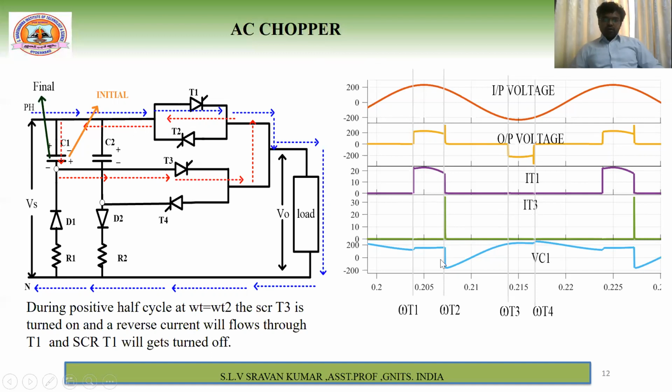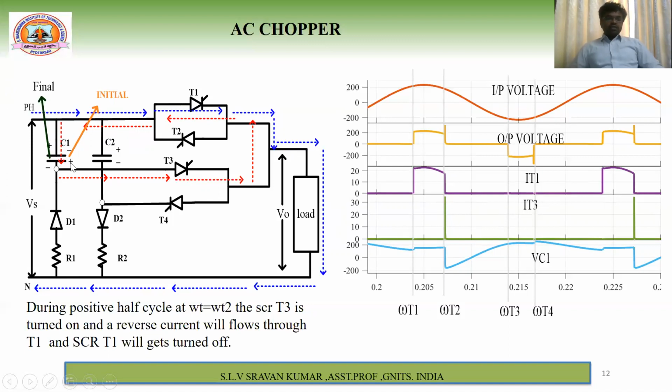Once it is 0, see, the capacitor voltage has changed from positive voltage to negative voltage, right? Because these two are turned on within a very short time, the capacitor is charged to a reverse voltage and the current reaches 0 also, right? So to turn off your SCR, two conditions must be satisfied.